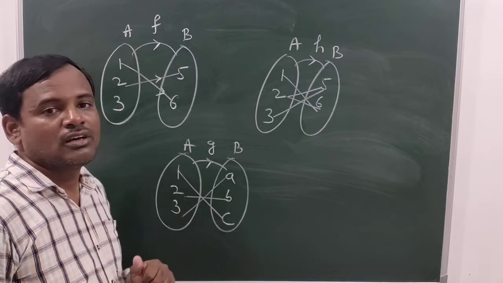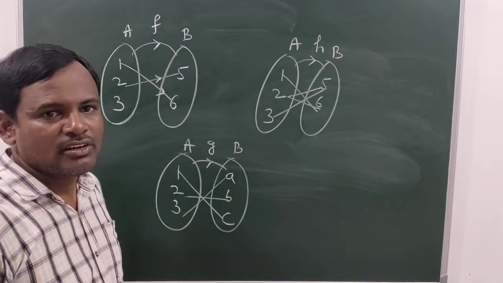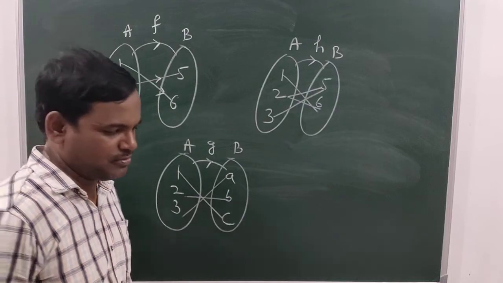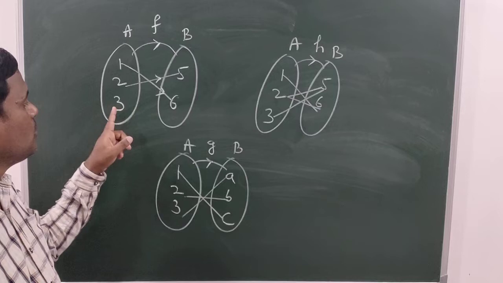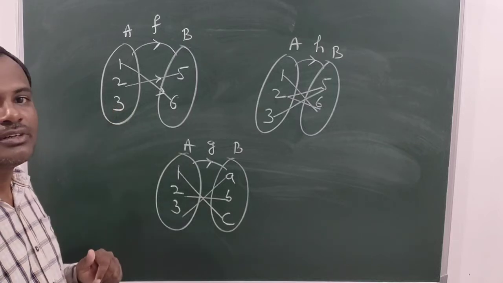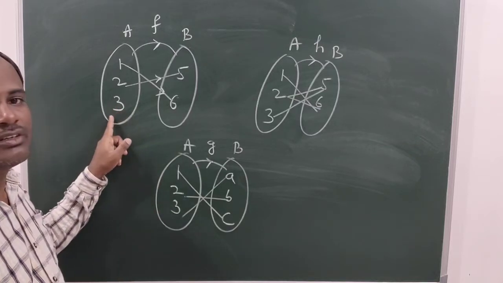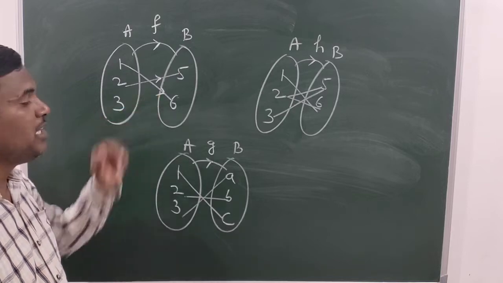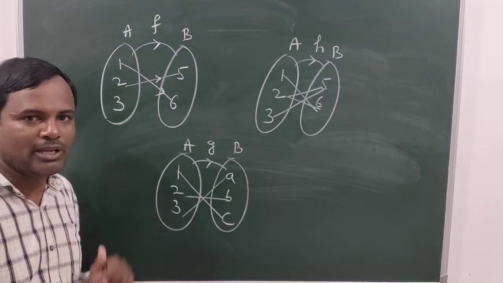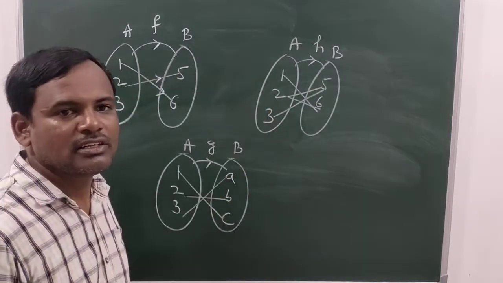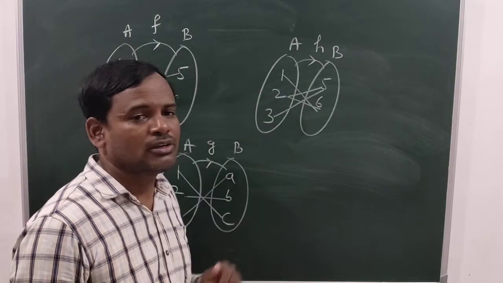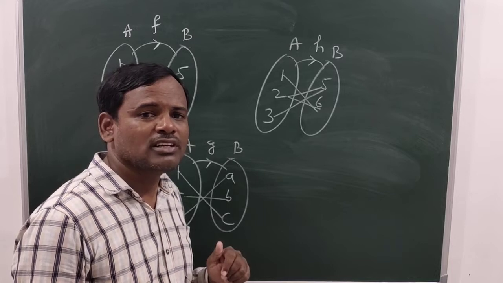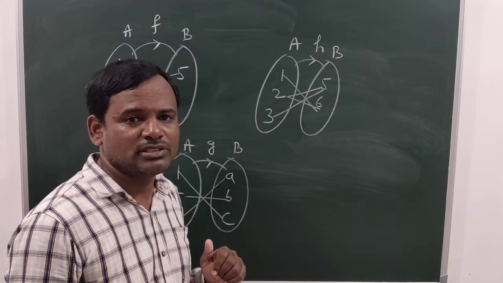Observe these 3 diagrams. Why is the first not a function? Because 3 does not have an image. This one is not a function because 2 has more than one image.